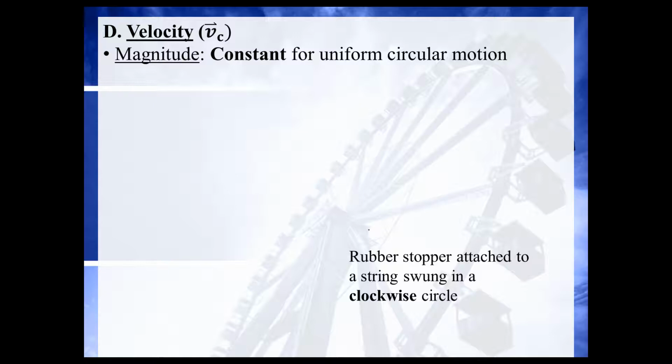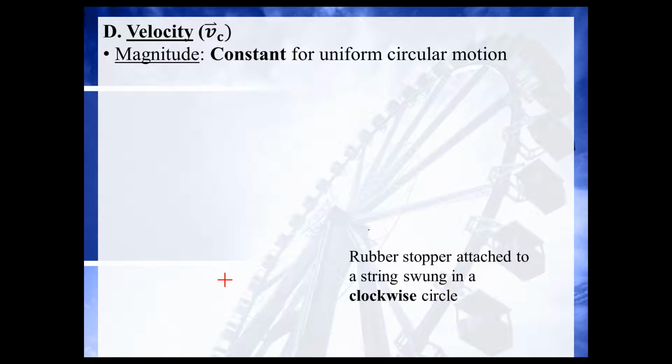The example I'm going to use is, let's envision that I take a rubber stopper. This rubber stopper has a hole in it. I tie a string through it, and I'm just going to spin it around in a circle. And I have a little semi-animation to show this.